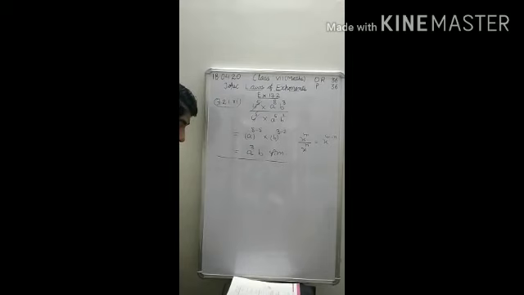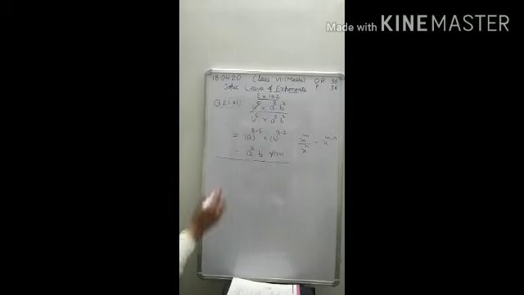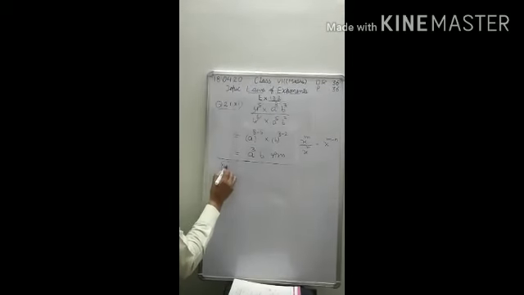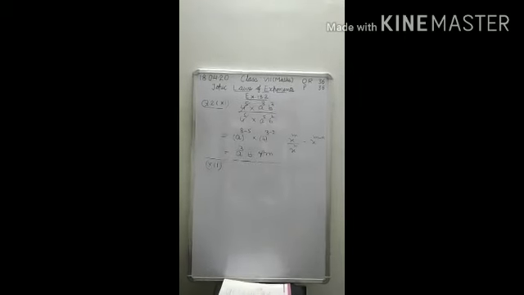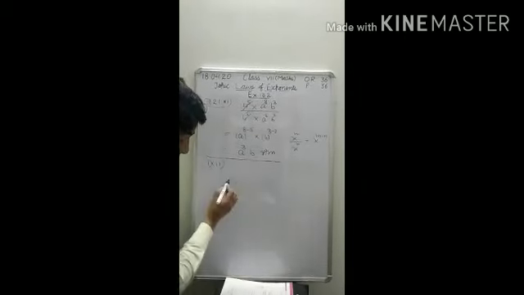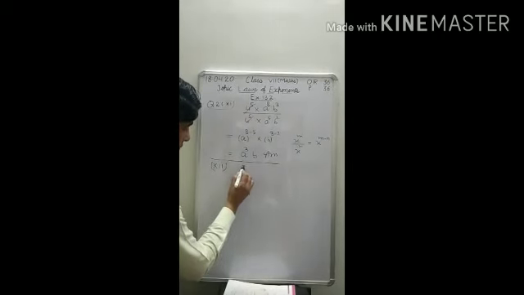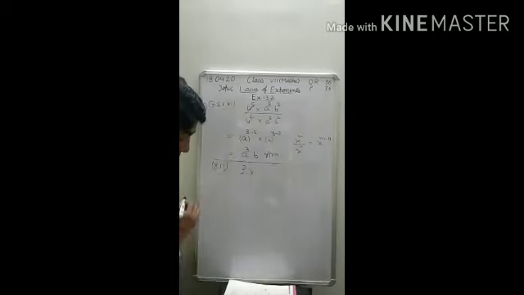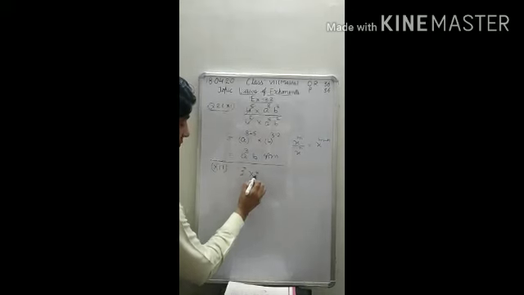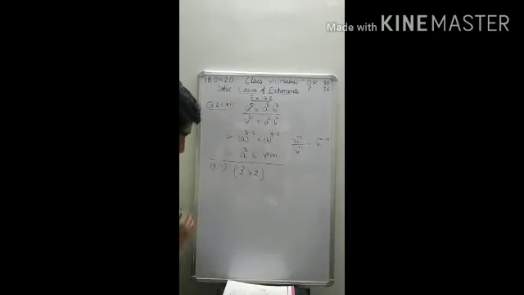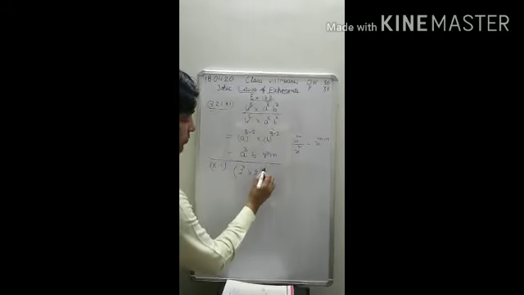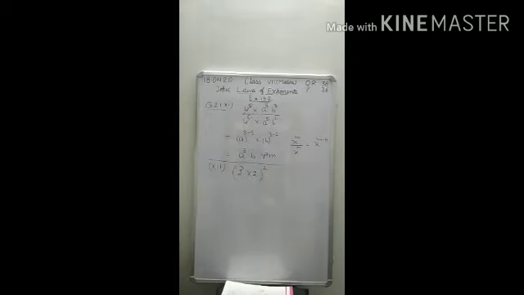Now come to the last part, that is part number 12. In this part you are given 2 raised to the power 3 into 2, and whole raised to the power 2. This you have to solve.